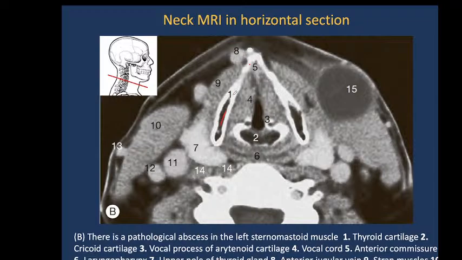Number one is the thyroid cartilage. It is not bones, it is cartilage, but it is also very good contrasted in the horizontal section of the neck. In the position, I think this is fourth cervical vertebra. I think it is number 4.